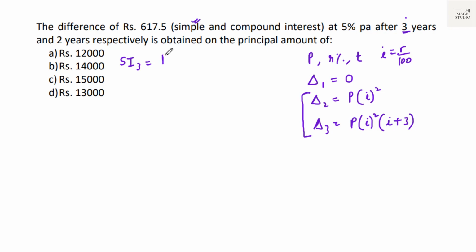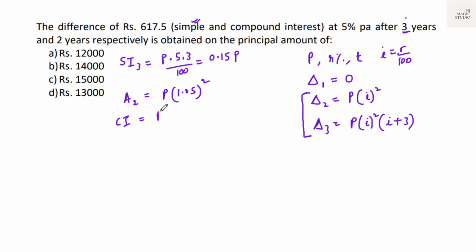So simple interest earned in 3 years is PRT by 100, that is 0.15P. The amount at the end of the second year is P into 1.05 whole square, which is 1.1025.